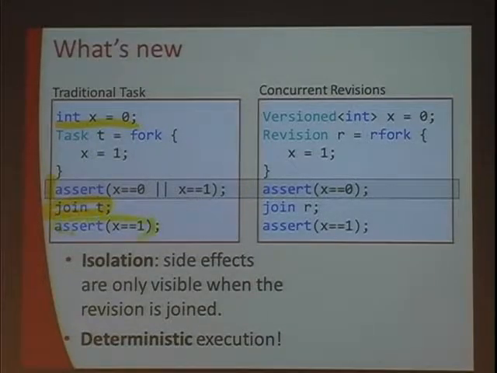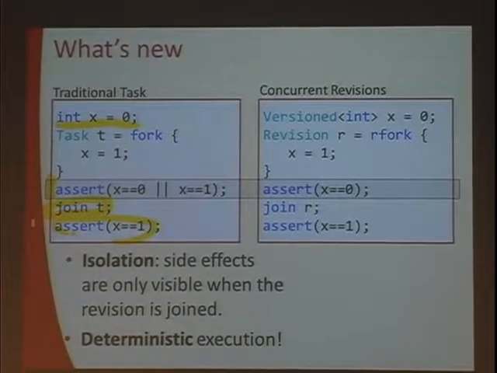Now, after we do the join, we certainly hope that x is equal to 1 because x was initially 0 and the child task forked after the assignment of 0 to x. But what we don't know is, in the middle, when the main task and the child task are running in parallel, what's the value of x? It depends on whether the child wrote to x or not. So it could be 0 or it could be 1. In contrast, in concurrent revisions, we declare x to be a versioned variable, and the revision gets its own logical copy of x.